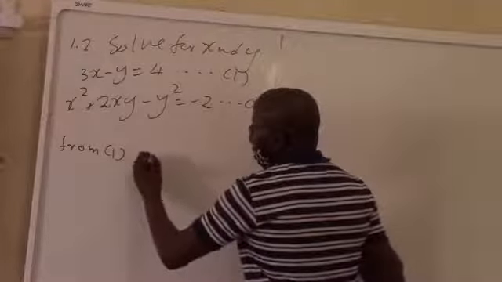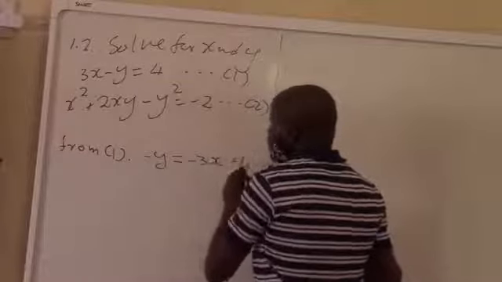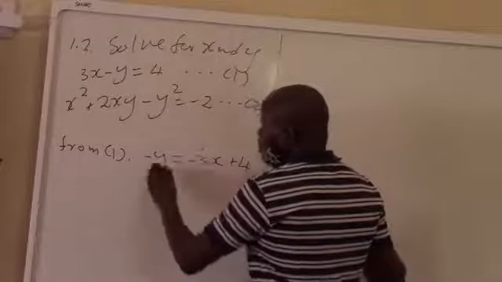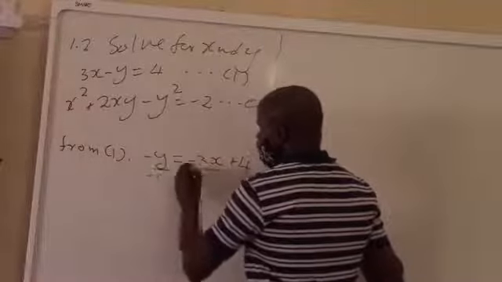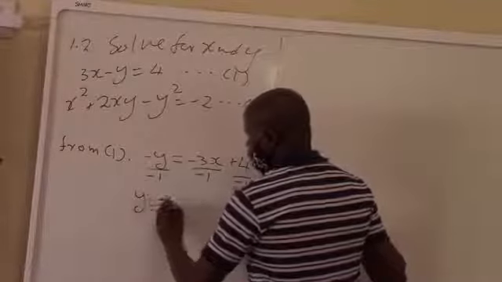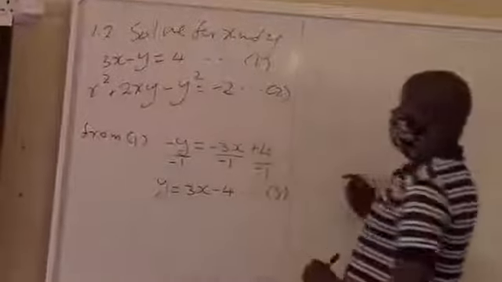So we have -y equals -3x plus 4. We want y to be the subject, so we divide by -1 throughout. So y is equal to 3x minus 4. We can name this equation 3.